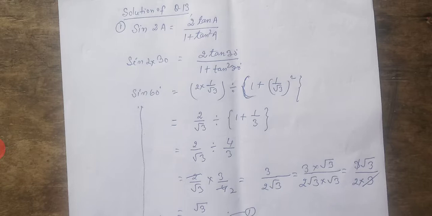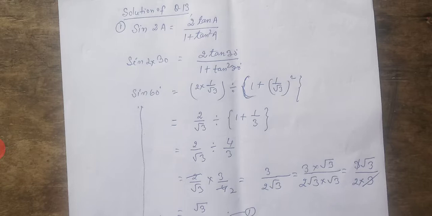2 by root 3, here the divide sign changes into a multiplication sign, so 3 will be up and 4 will be down. 2 2 is 4, it is cancelled, and here it is written 3 by 2 root 3.